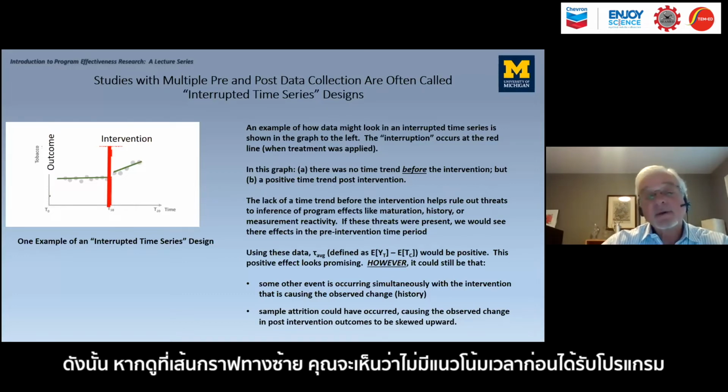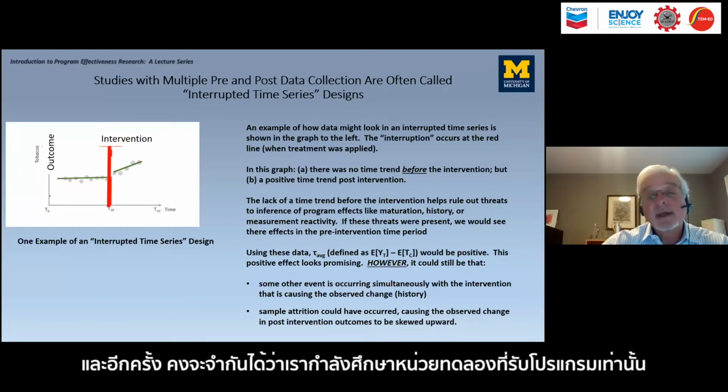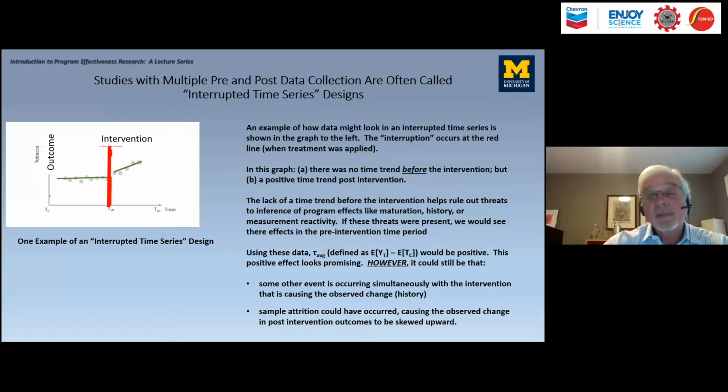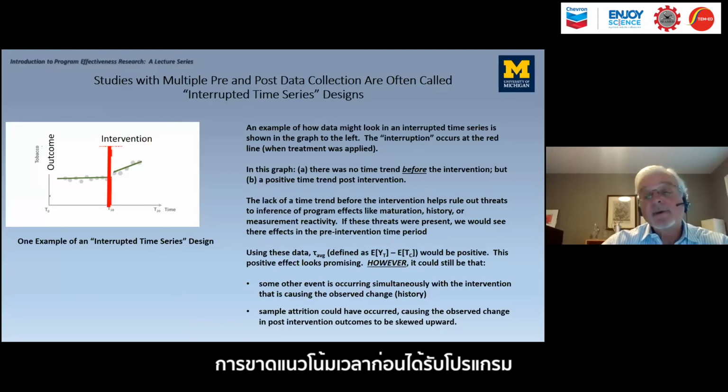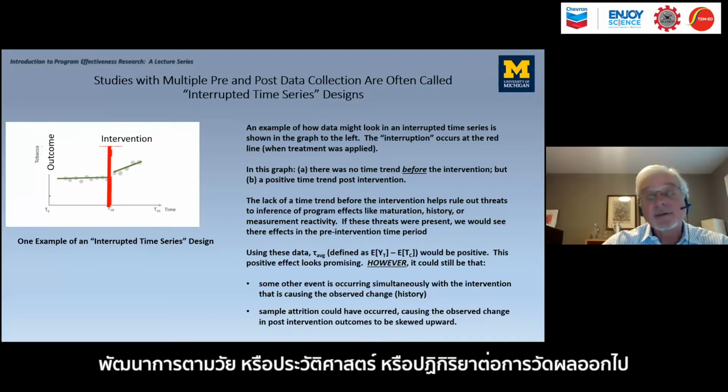So if you look at the graph on the left there, you see there's no time trend before the intervention, but a positive time trend after the intervention. And again, recall that we're studying only treated subjects. So the lack of a time trend before the intervention helps rule out threats to inference of program effects like maturation or history or measurement reactivity.